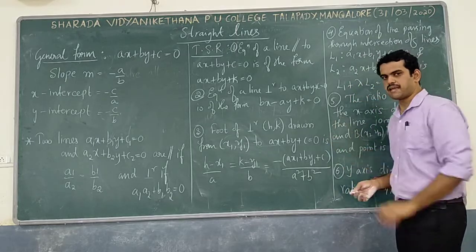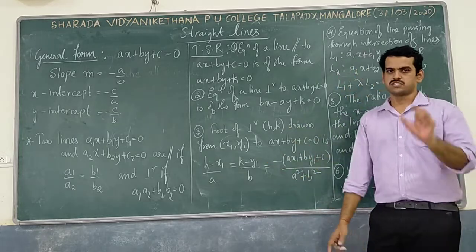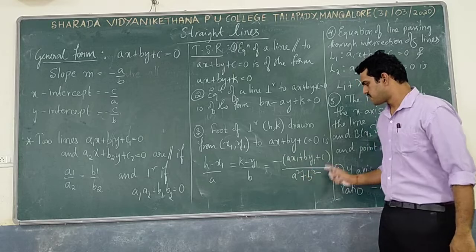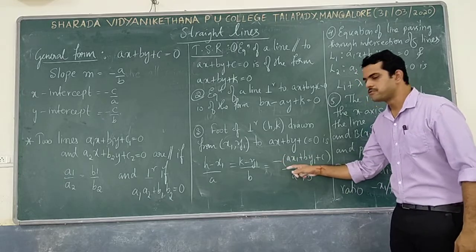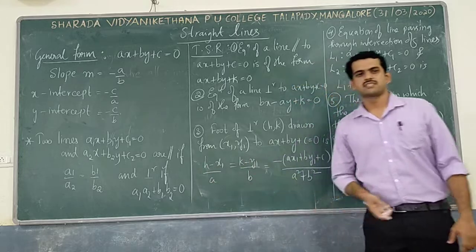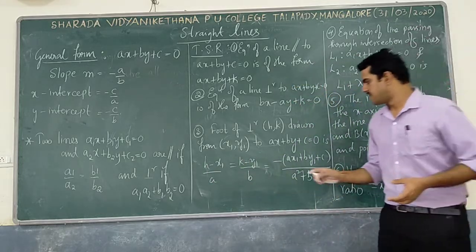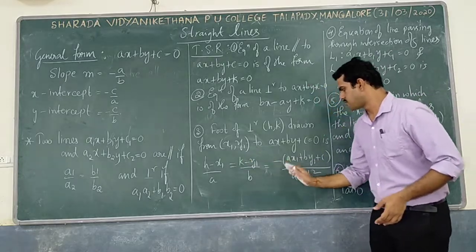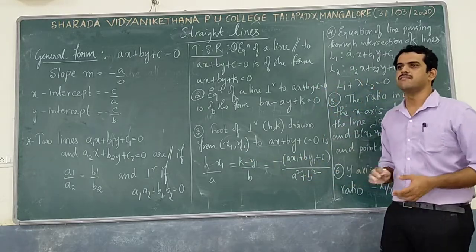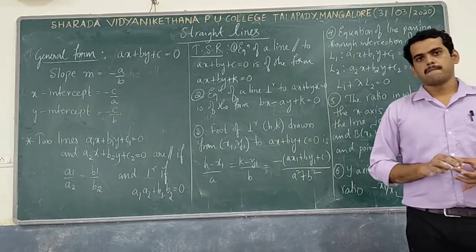The last part you just have to multiply by 2, and that is going to give you the (h, k) which can be treated as the image of the point (x1, y1). So the same part is equal to minus 2 times this entire value. If we take that equation, it will give you the image of the point.